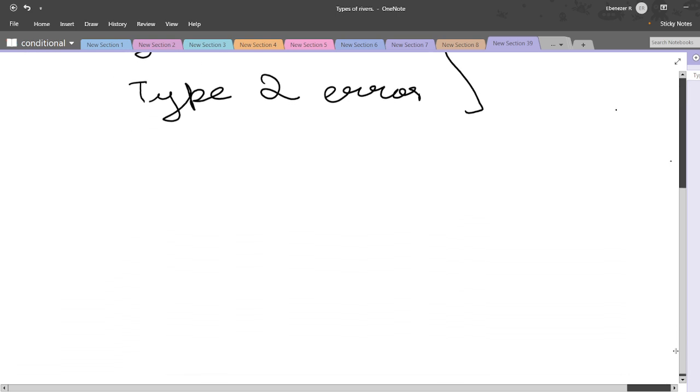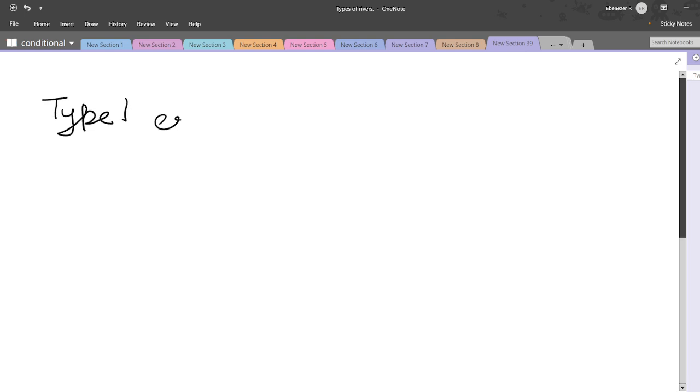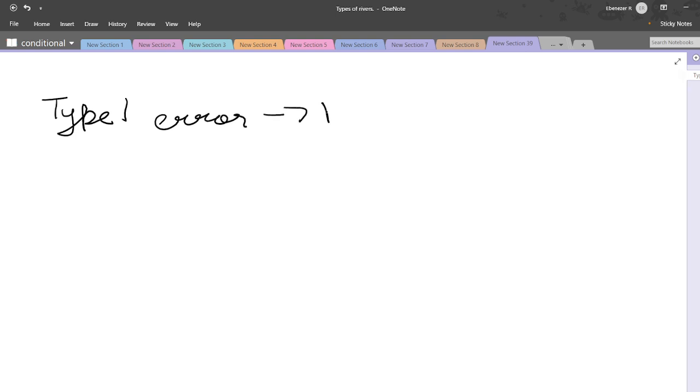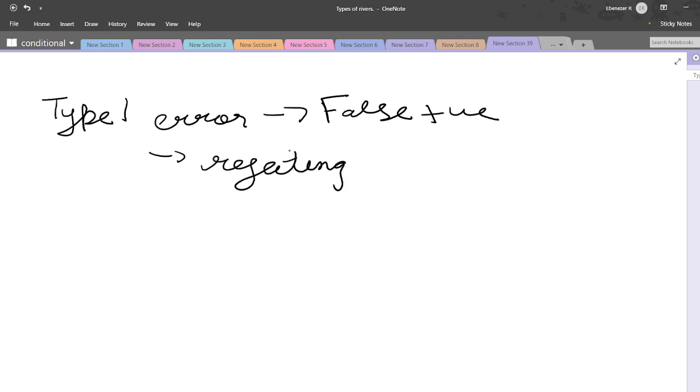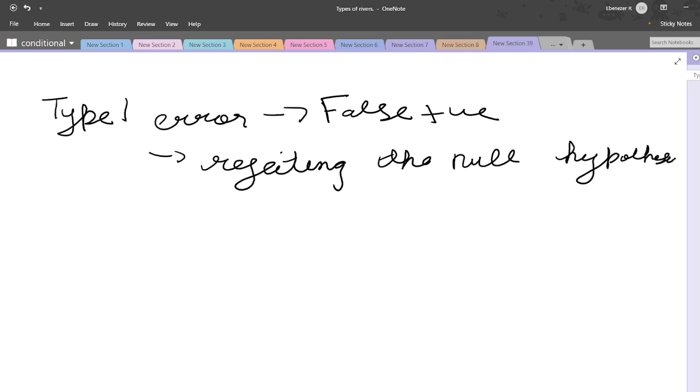Now for example, let me say that your type 1 error means false positive, which means that you are rejecting the null hypothesis when it is true.